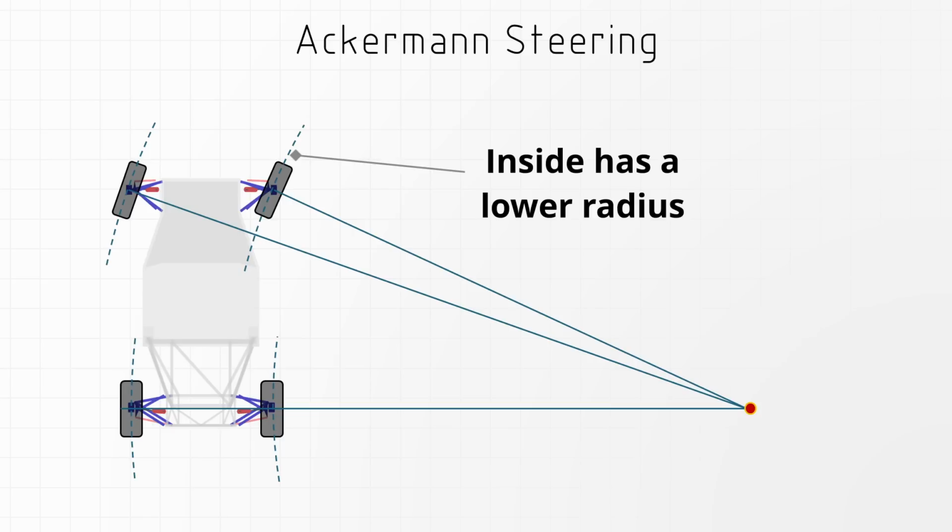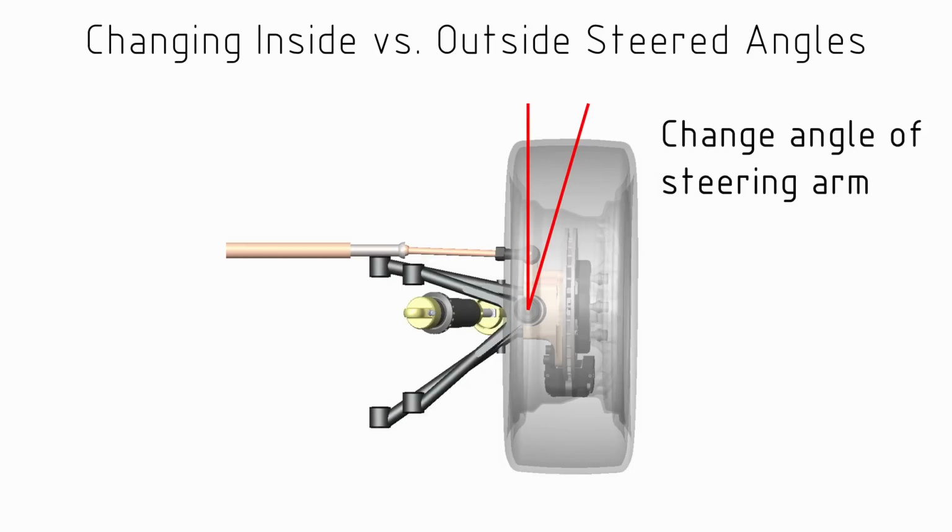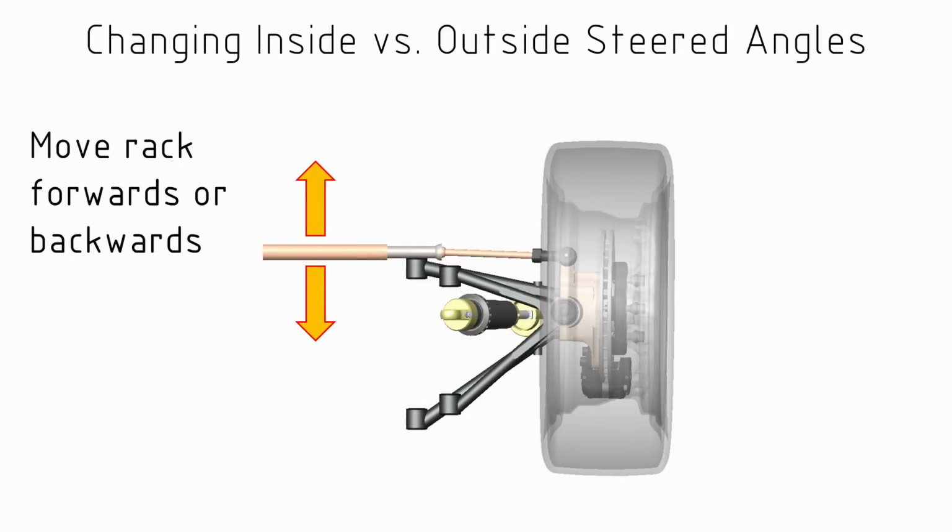So the inside wheels will need to turn more than the outside wheels. To achieve a difference of inside steering angle compared to outside steering angle, there's two main ways we can do it. The first is by angling the steering arms at the upright from a plan view, and the second is to be able to move the steering rack forwards and rearwards of being aligned with the steering arms.